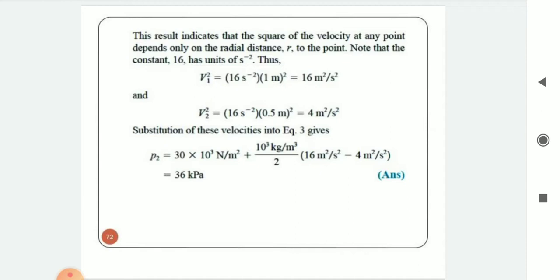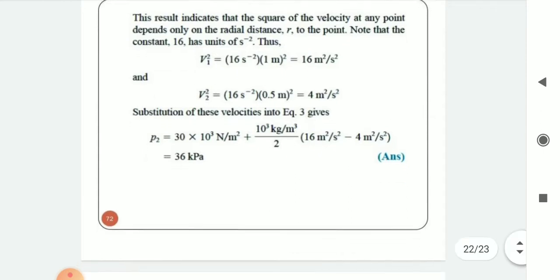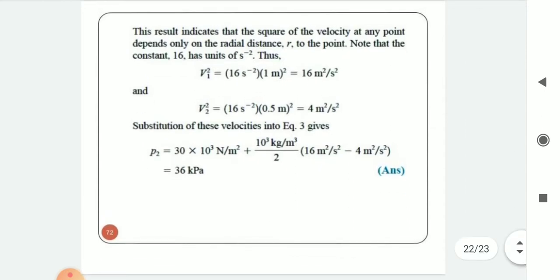Substitution of these velocities into equation 3 gives P2 = 30 × 10³ N/m² + (10³ kg/m³ / 2)(16 m²/s² − 4 m²/s²). By solving these, we get the value of P2 = 36 kilopascal.